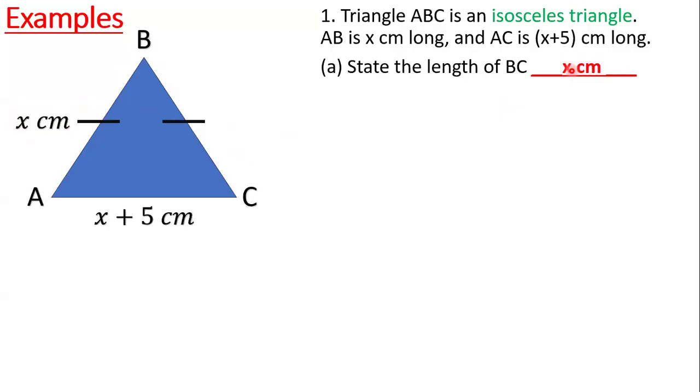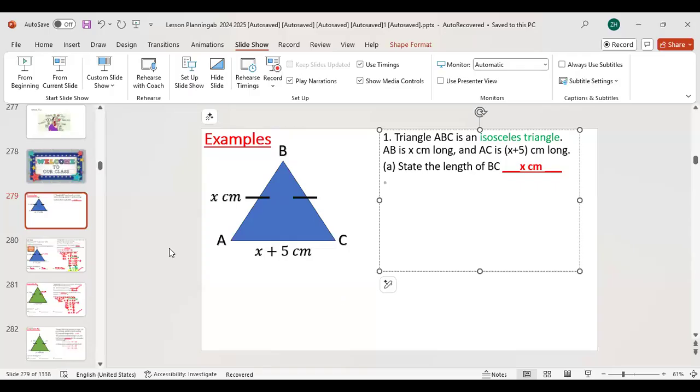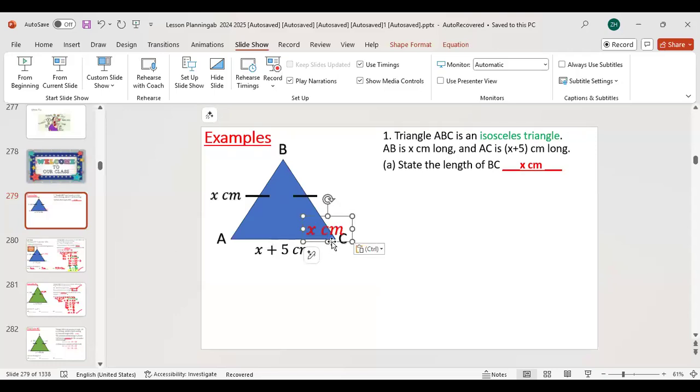Yes, sir. Good. All right, so that means this is x centimeters, so let's put that inside the diagram so the diagram appears complete. We're going to put x centimeters here, and it makes sense because these two sides must be identical to each other.